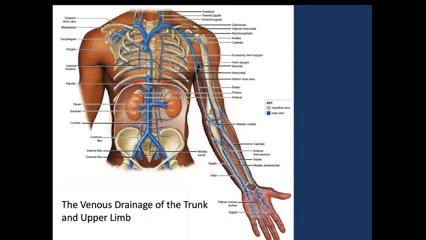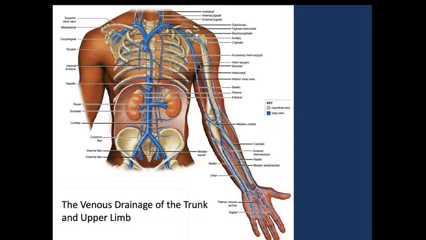And from that net start the superficial veins, the basilic veins located medially, and the cephalic veins located laterally. All of these come into the brachial or the axillary veins.